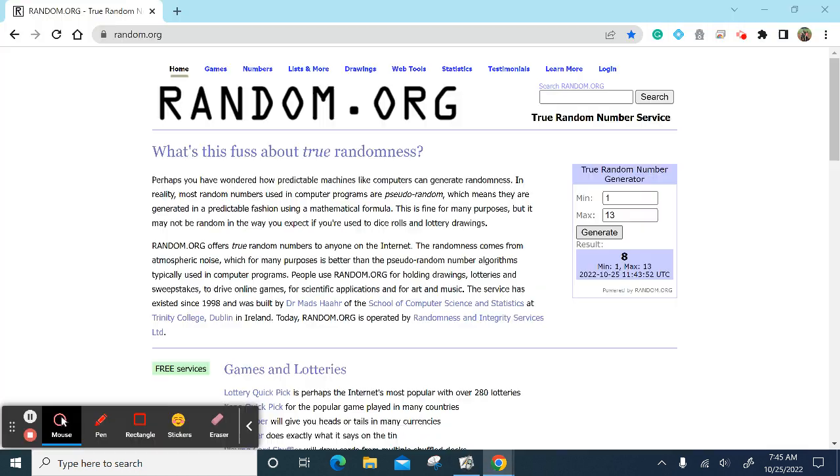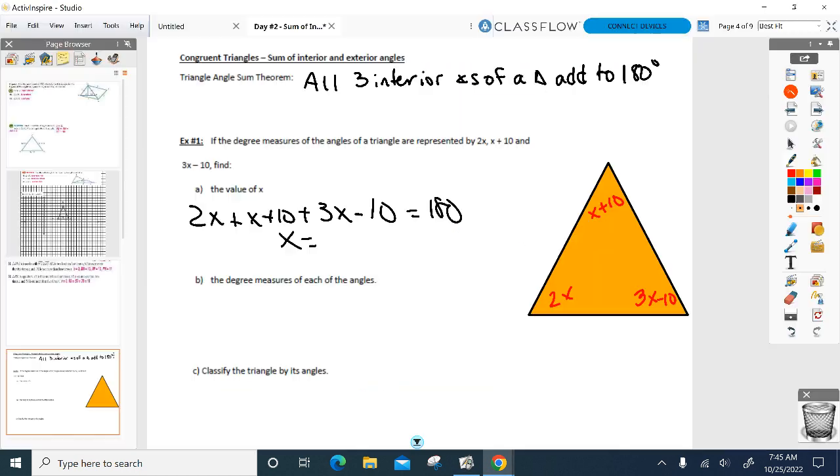All right, what are we getting for x when you have it? Anna? 30. 30, good. All right, let's do something with that now. Now find me the degree measures of all the angles. Plug it back in.